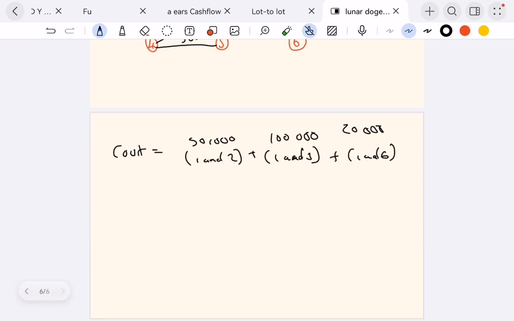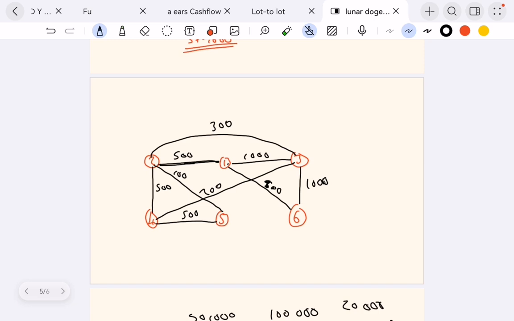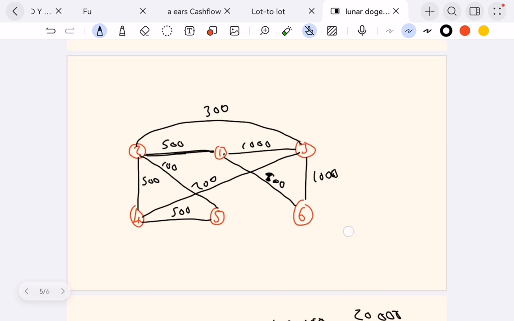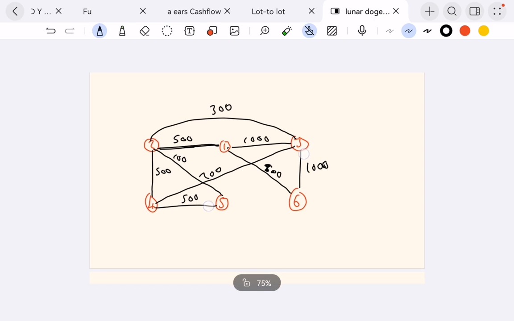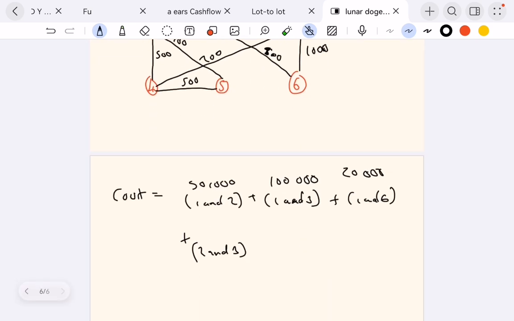Then we have plus 2 and 3. 2 and 3 is how much? This 2 and 3. 60,000. No?